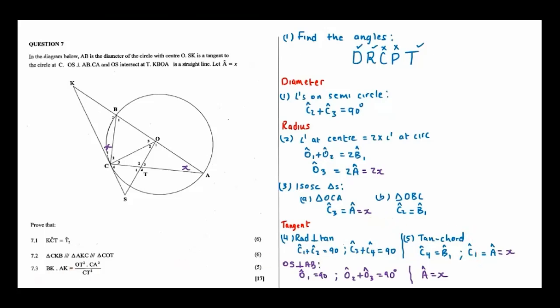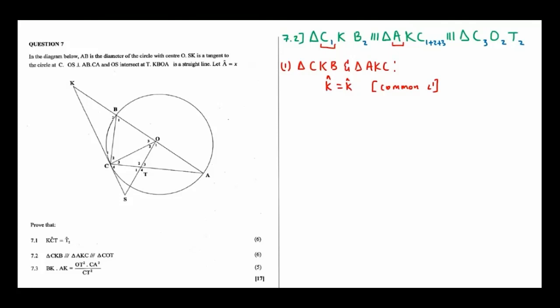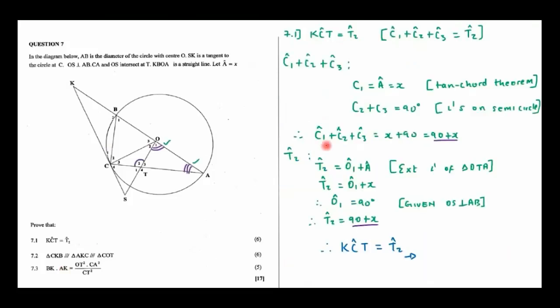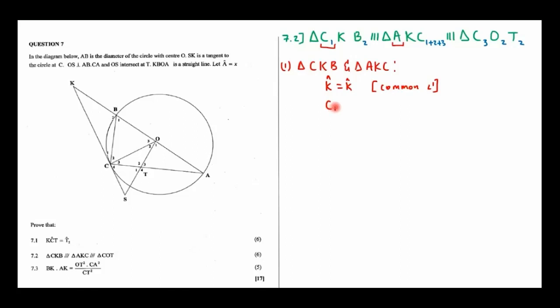I do have C1, yes, being equal to A. It is something that I did prove in the previous question. There it was, C1 equals A. So it means I can say that C1 is equal to A, right? So where did I get this? This was proved in 7.1. So I'm going to write it as proven in 7.1.